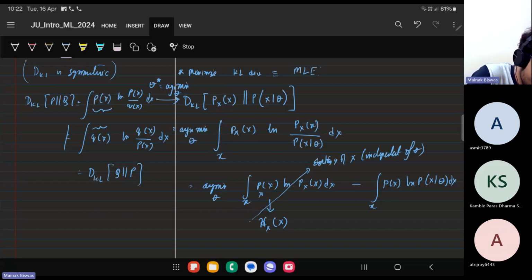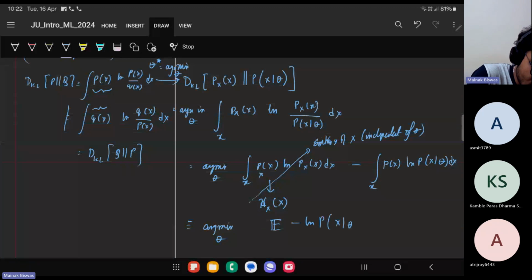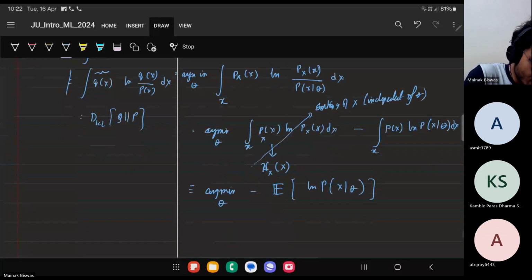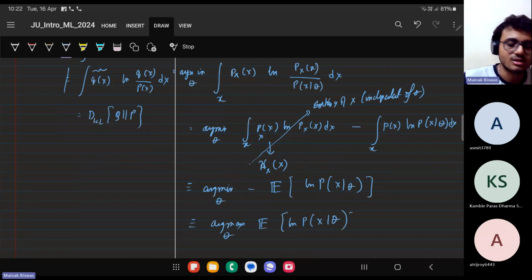So this is equivalent to argmin over theta of minus the expected value of log of p of x given theta, which is also equal to argmax of the expected value of log of p of x given theta, correct?